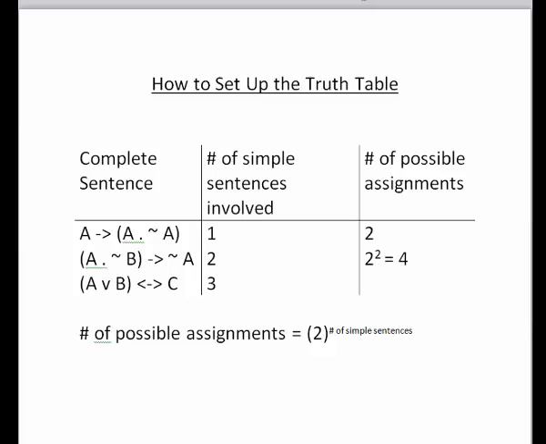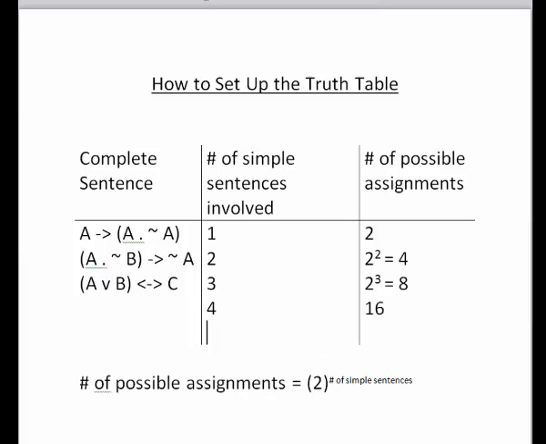If you have a sentence involving 3 simple sentences, then the number of possible assignments is 2 to the third power, which is 8. If there are 4 simple sentences, then you have 16 possible assignments. 5, you have 32, and 6, you have 64, then 128, then 512, and then 1024, and so on and so forth.